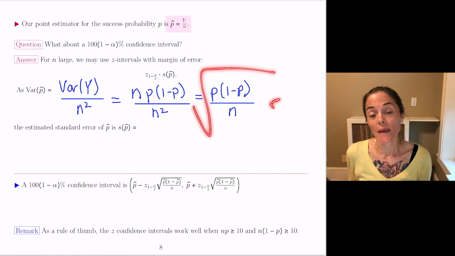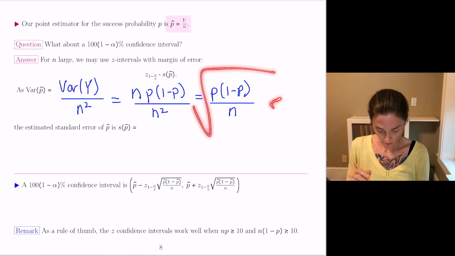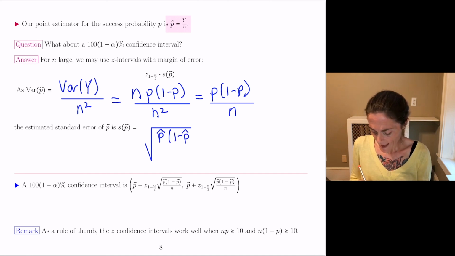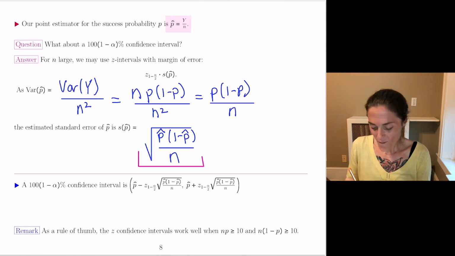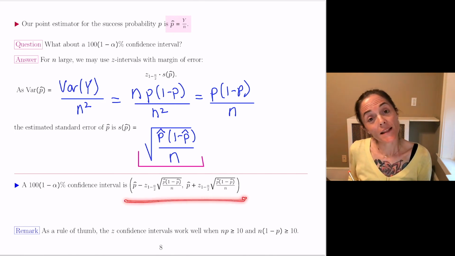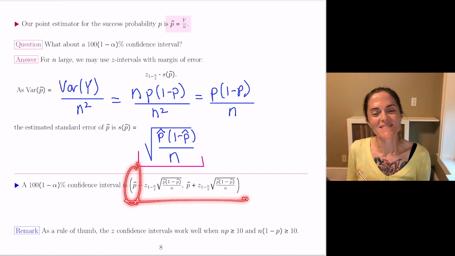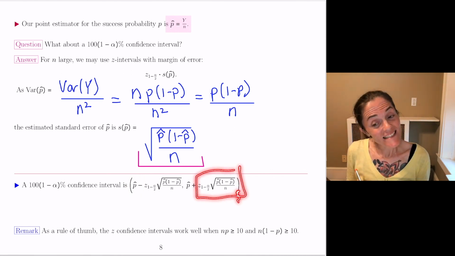However, we don't know what p is. We're trying to estimate it. So what would be the best estimated standard error of p hat? Okay, just take a square root. And instead of p, we use our point estimator p hat here. So if we look below, I have the formula for the confidence interval already there. Here's this point estimator, and then this part is our margin of error.